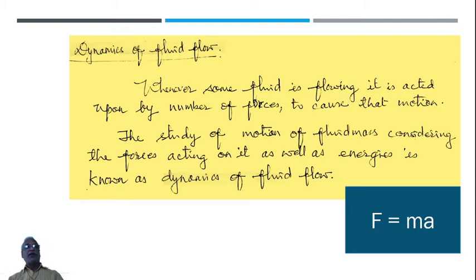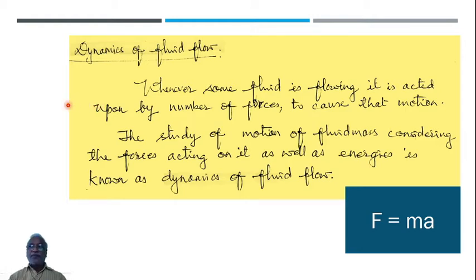Okay, what is meant by dynamics of fluids? First of all, the word dynamics itself, you should understand that it is totally different from statics. In statics, we have seen that the body is in stationary condition or it is in motion with a constant velocity.